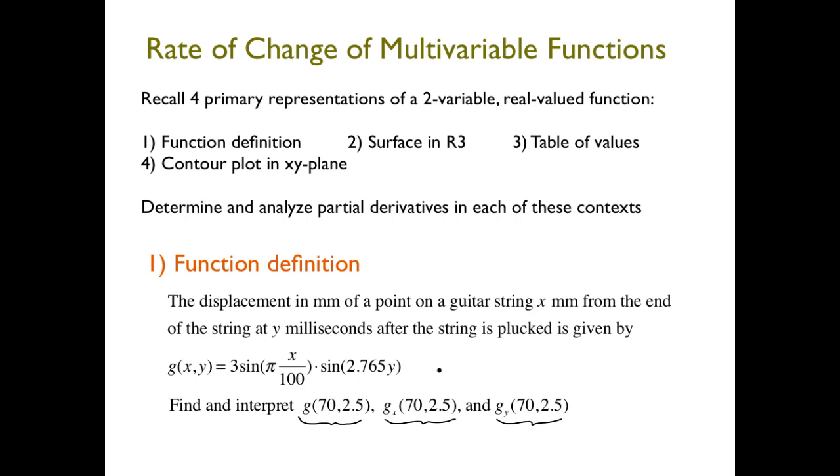And as soon as you get one of them, just shout it out. We'll see if the rest of your team agrees. G of 70, 2.5 is, I got 1.4285. 1.43. Someone else got that? And what are the units of that? Millimeters. He wants 1.43 millimeters.